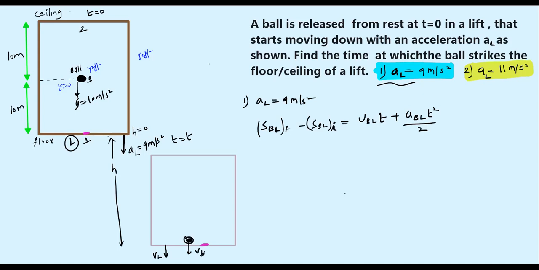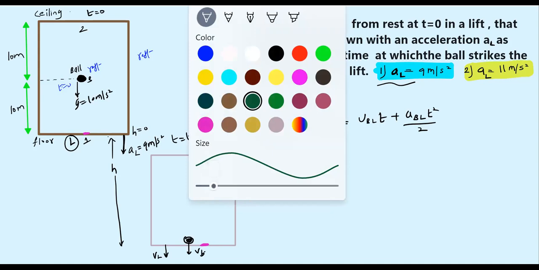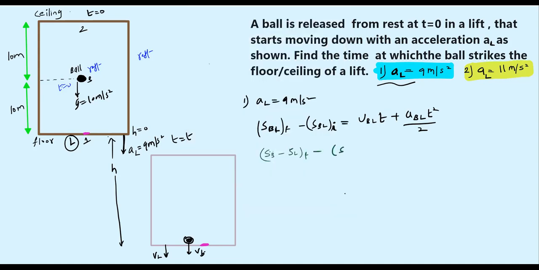There's a first problem. Now, let me expand here. AB minus AL t square by 2.